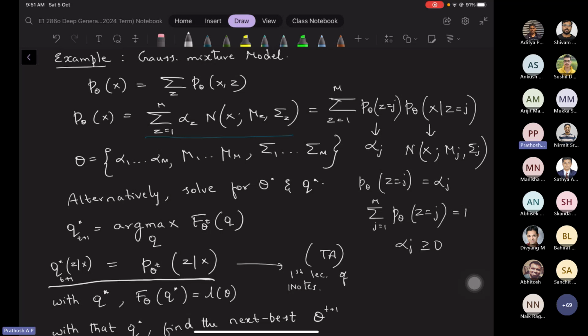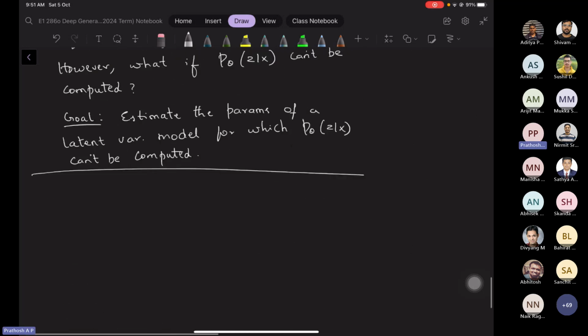And did I also talk about clustering? One other thing in a latent variable model is post training. Training is the estimation of theta. That's what training is all about.